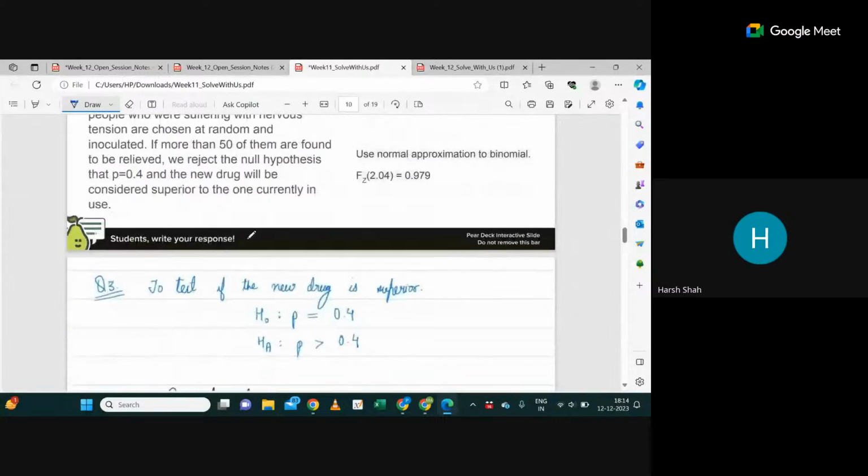It is more than 40%. Basically, I'm interested in checking whether it's superior. So H naught is P equal to 0.4, which is given. For superior, my alternative will be P greater than 0.4, right? Yes, sir.